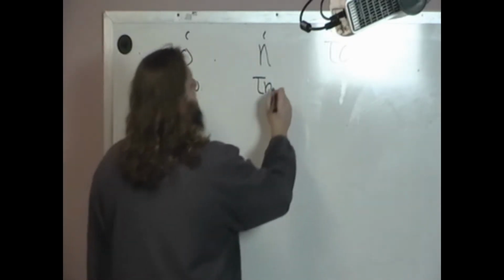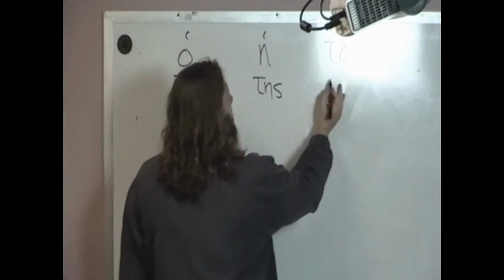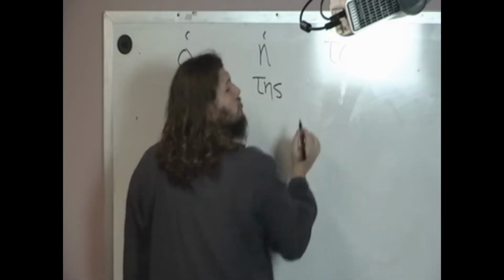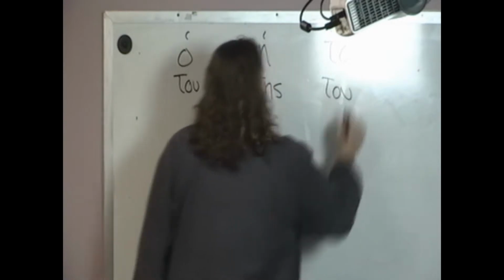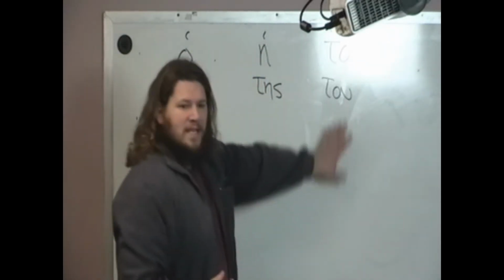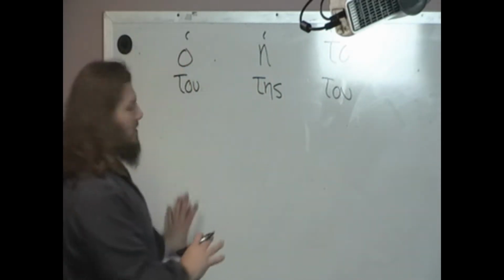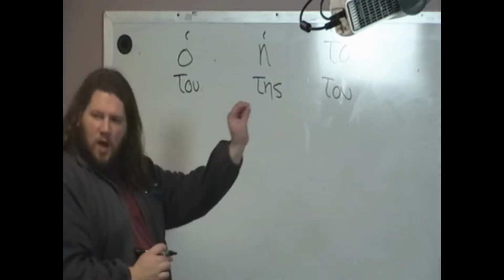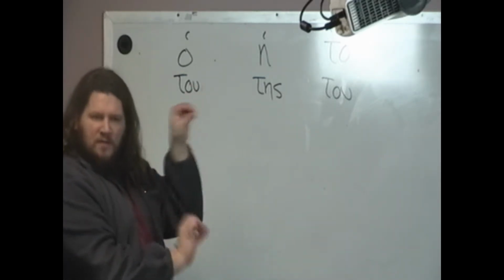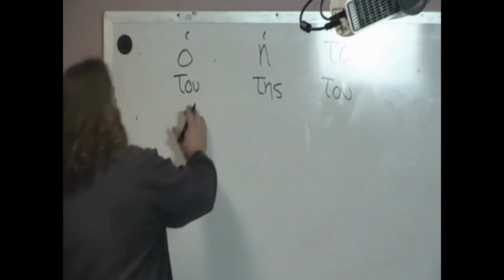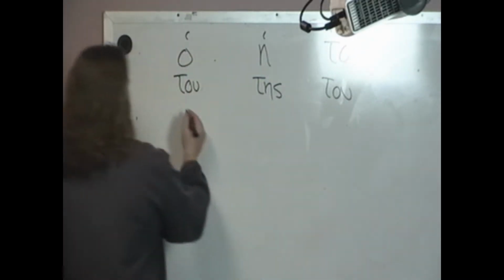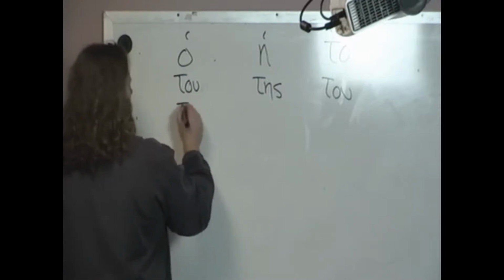Yes, put that s on the end. Tes. Tou. Remember, this one's also second declension. It's almost always identical to this one, except for the what? Nominative and the accusative are identical because it's neuter. So we have ho, he, to, tou, tes, tou.